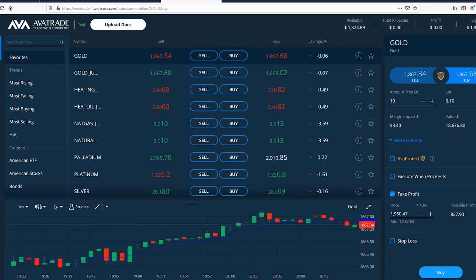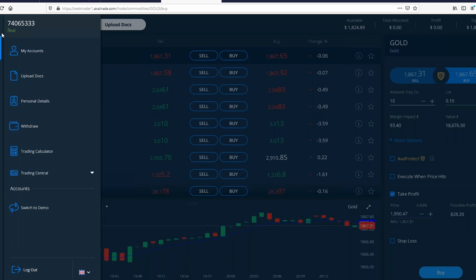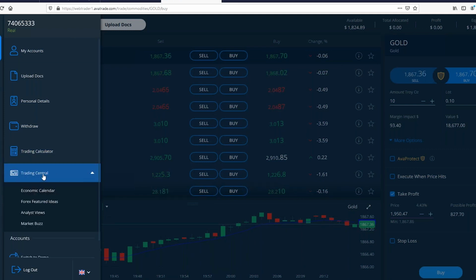And real quick, the Web Trader platform has a nice feature for technical analysis, since that's our topic for this webinar. If we click on Trading Central, all live accounts, and if you're working on only a demo right now, if you're new to things, at least fund a minimum amount to a live account so you can have all the features and really evaluate all the tools that are available with AvaTrade.